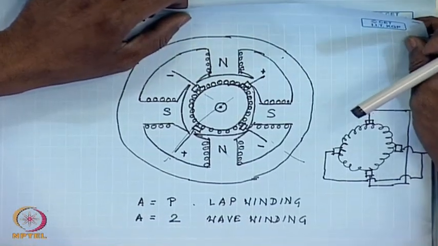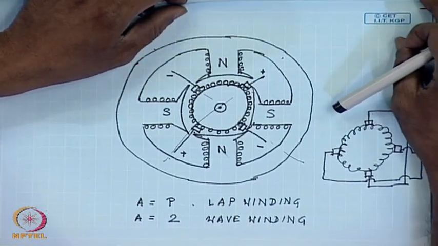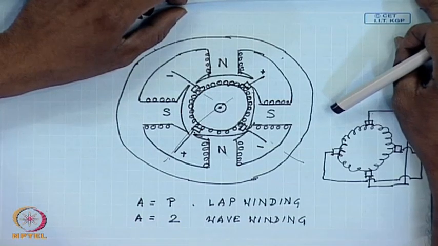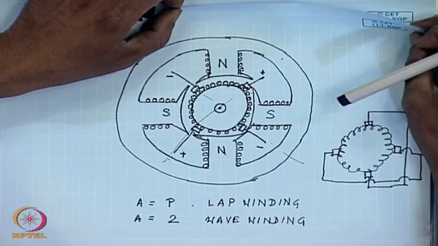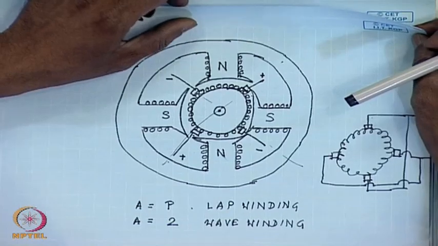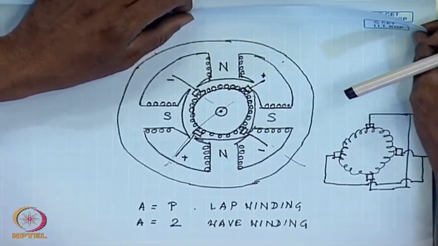For the motoring mode, the current is injected into the armature by an external circuit, so that electrical power is input to the machine, and hence the generated electromagnetic torque will be in a direction which will assist motion, that is, mechanical work will be done. So, the direction of electromagnetic torque will be in the same direction as that of rotation, that is, it will assist rotation, and hence electrical power input will be converted to mechanical power output.